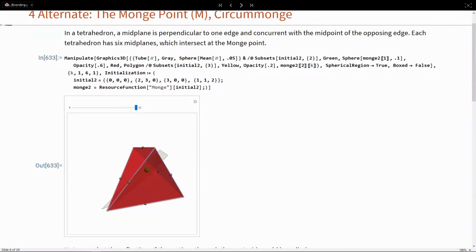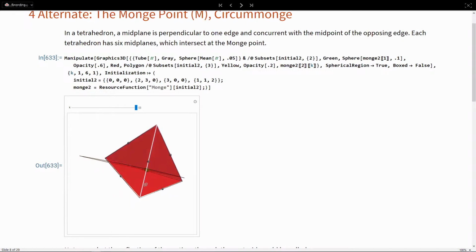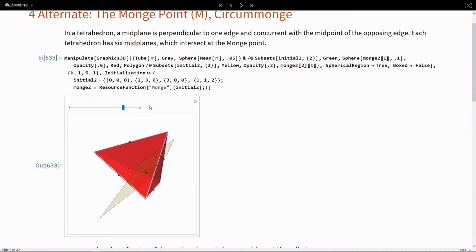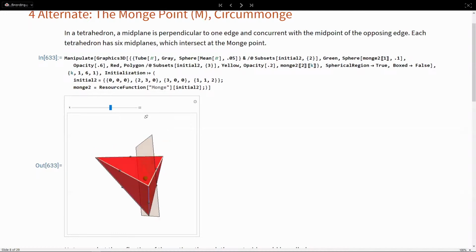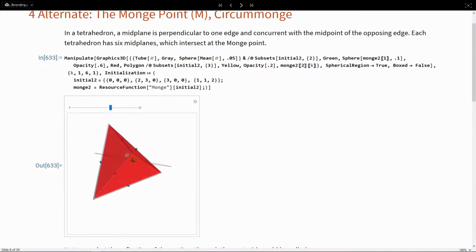So the Monge point: if you connect up a midpoint of one edge so that it's perpendicular, but through the opposite edge, you get what's called the midplane. And Gaspard Monge noticed that all 6 of these planes intersected at what's called the Monge point in any tetrahedron. And this is very similar to the orthocenter of a triangle.